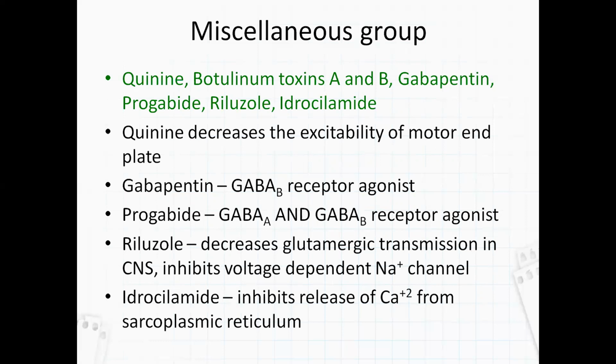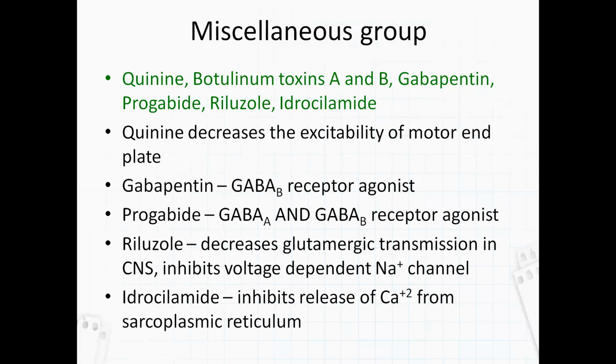And gabapentin and progabide, both are GABA receptor agonists, but gabapentin is a GABA B receptor agonist, but progabide is both GABA A and GABA B receptor agonist. And in previous slides, we saw in the diagram how it is acting on the GABA A and GABA B receptors.